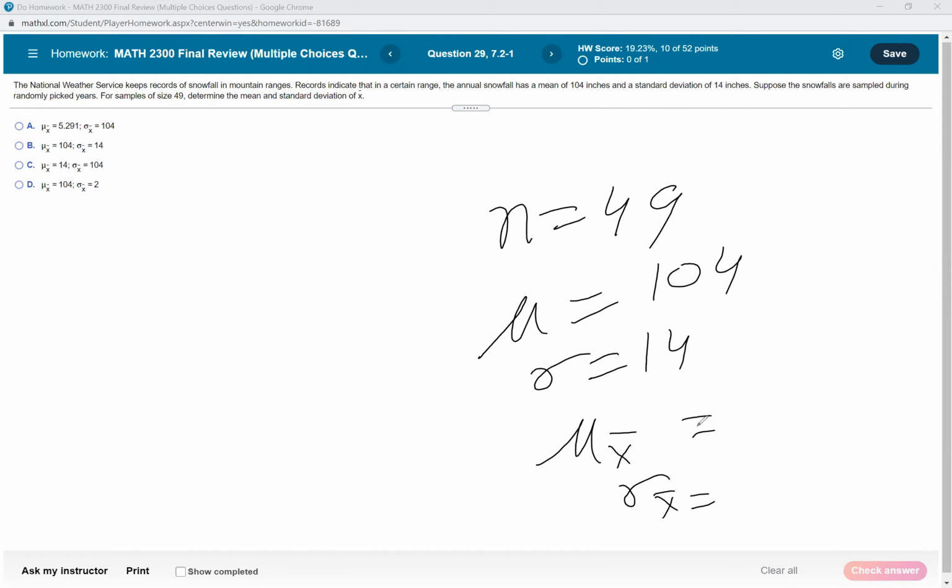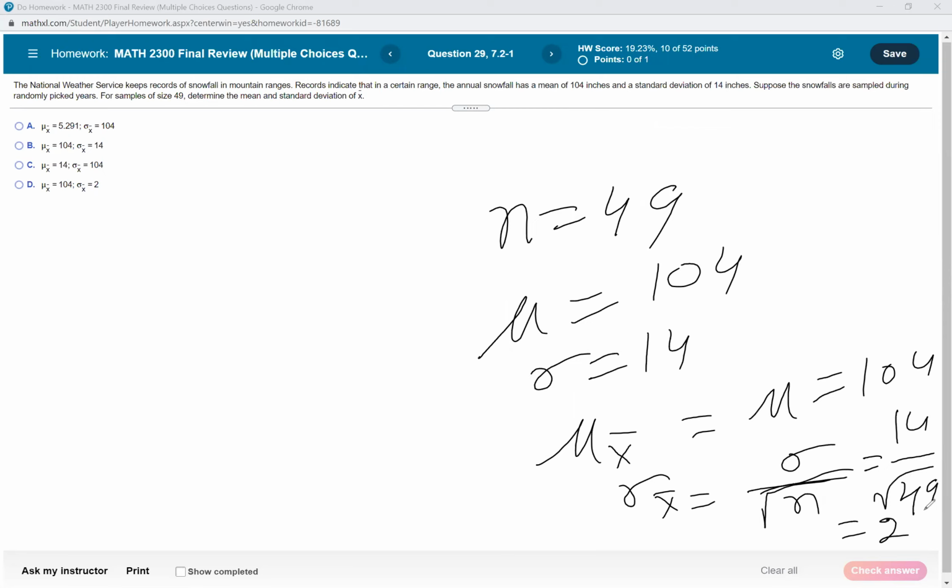We know that mu x bar is mu and sigma x bar is sigma over square root of n. So mu x bar is 104, and sigma x bar is 14 over square root of 49, which is 2. So the standard deviation of x bar is 2 and the mean is 104.